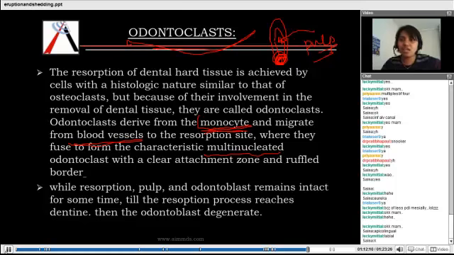Isn't that amazing? Whenever we talk about trauma, a little pulp exposure makes it necrosed. But look at the deciduous tooth. We have odontoclasts actually eating it from below, but the upper part of the pulp is still vital, and so are the odontoblasts here. All the odontoblasts here are still vital. That's the point to appreciate here.